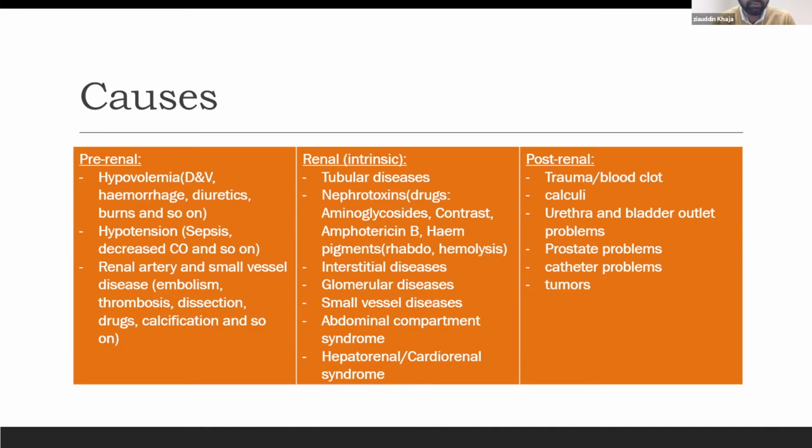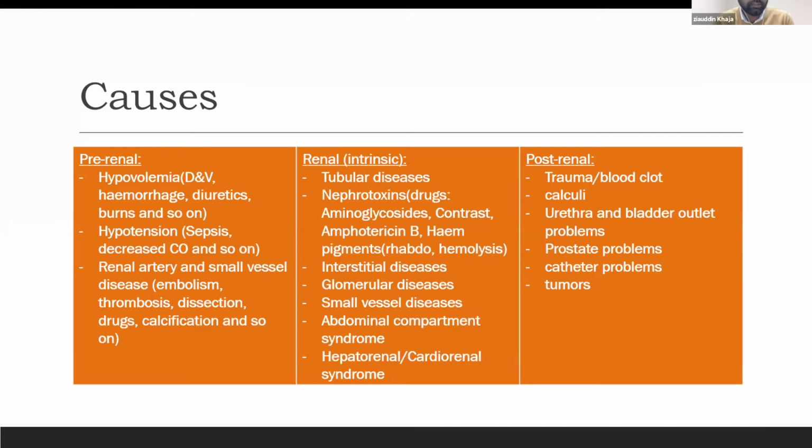You see hypovolemia, especially; patients come to A&E with diarrhea, vomiting, or any hemorrhage, or excessive use of diuretics and burns and so on. Another important reason would be hypotension, especially due to sepsis or decreased cardiac output.